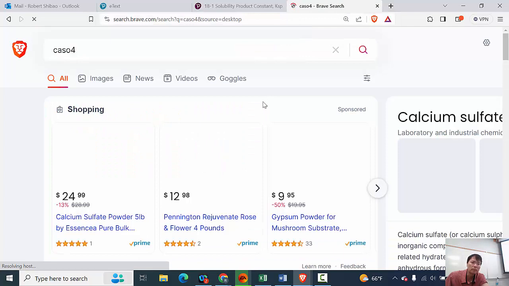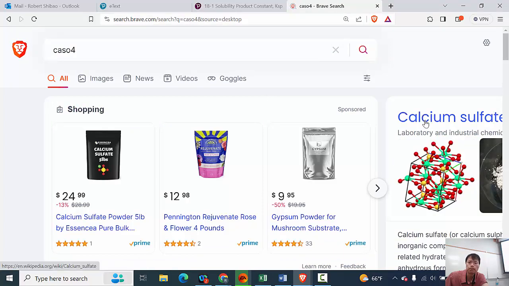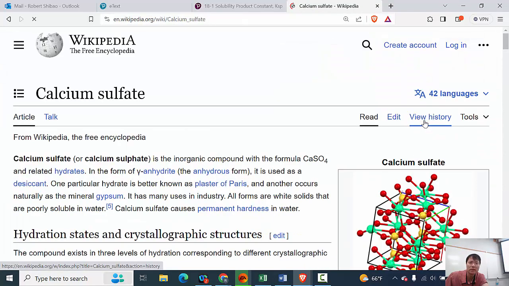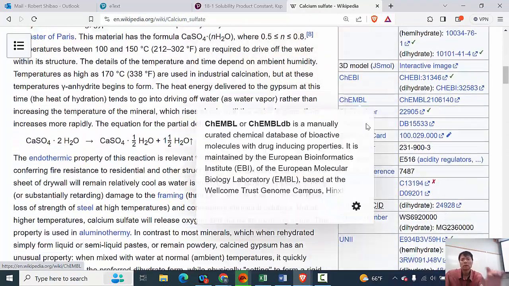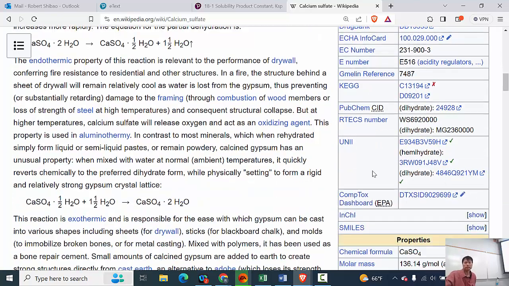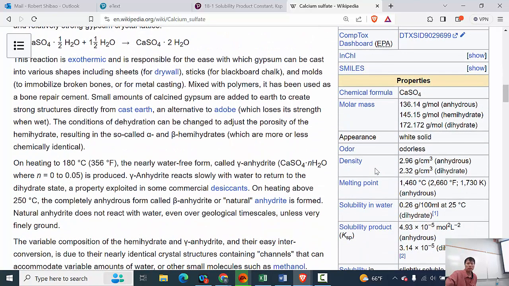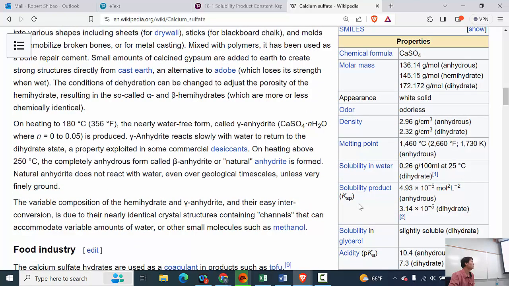In Wikipedia, I think this is going to take me to Wikipedia, yes. When we look at the data, the solubility is not typically written as molar solubilities. It's more commonly this. The reason it's this is it's a lot easier to measure. You take 100 milliliters, how much will dissolve? 0.26 grams will dissolve in 100 milliliters.